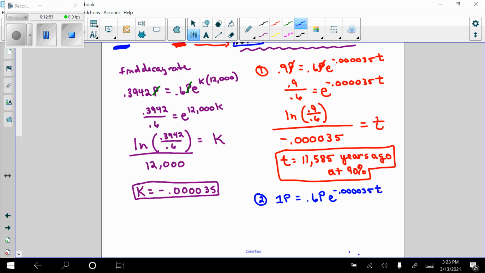Basically, everything else is the same. Okay, so my p's cancel. I can kind of see ahead what's going to happen. I'm going to have 1 over 0.6. I'm going to have to take the natural log of that. And I'm going to have to divide by the ratio, or the decimal.